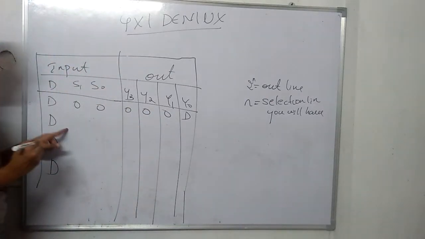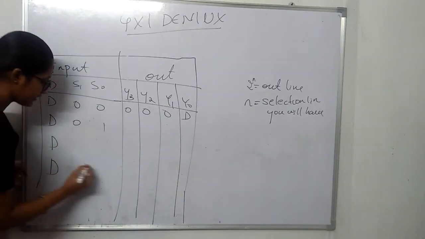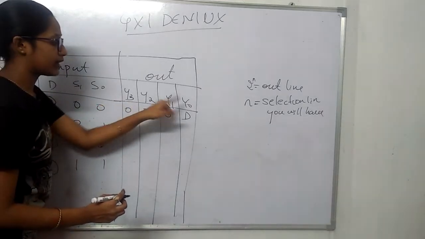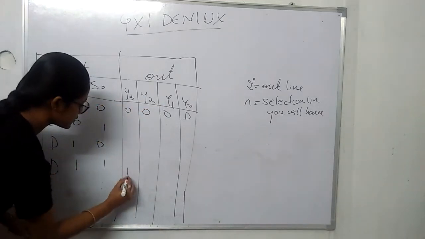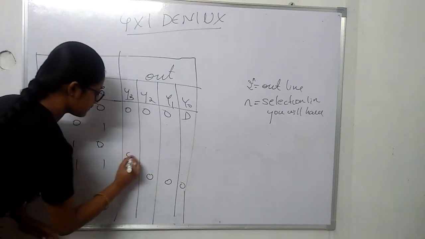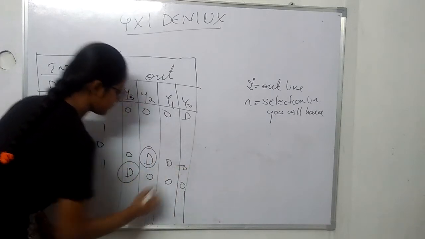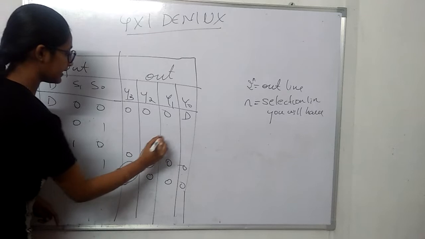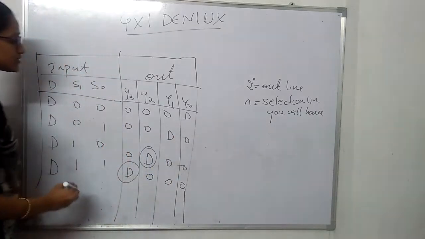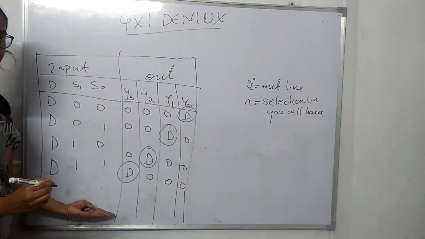If I would like to get data at Y1, Y2 or Y3, then the selection lines are 0, 1, then 1, 0, and 1, 1 respectively, and every other line is 0. This is the truth table.